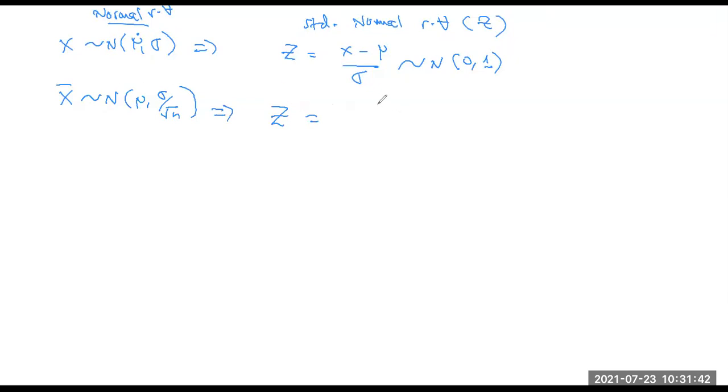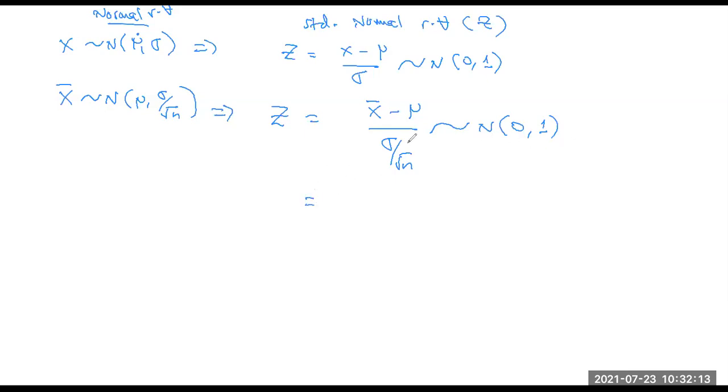We say x bar minus mu, you understand? Divided by the standard deviation given by sigma divided by the square root of n. So this approximately follows the normal distribution with mean 0 and variance 1.